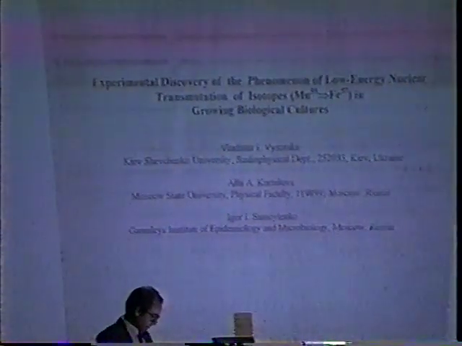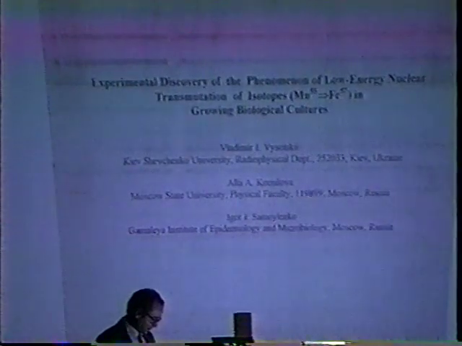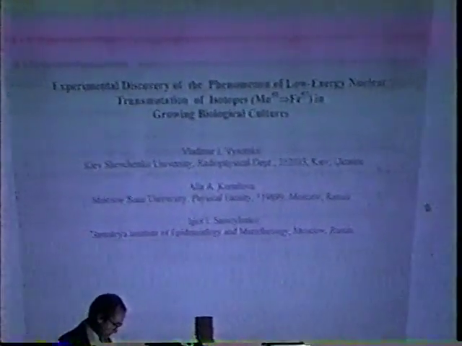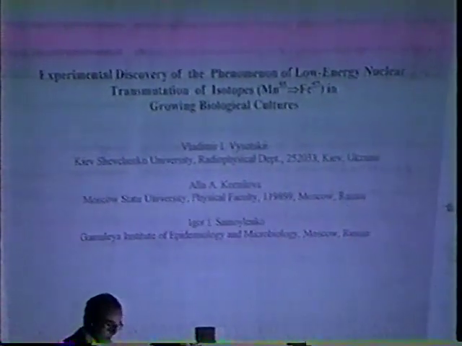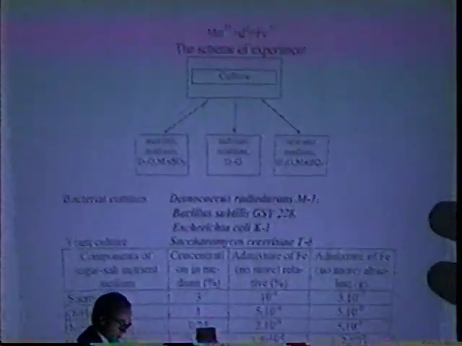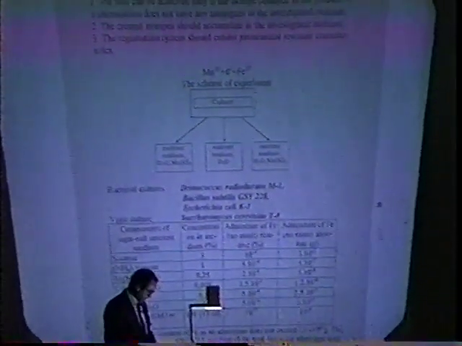My first report is about the experimental discovery of the phenomenon of low energy transmutation of isotopes in growing biological cultures. We have conducted a series of experiments based upon new technology following the precise method of Mössbauer spectroscopy.